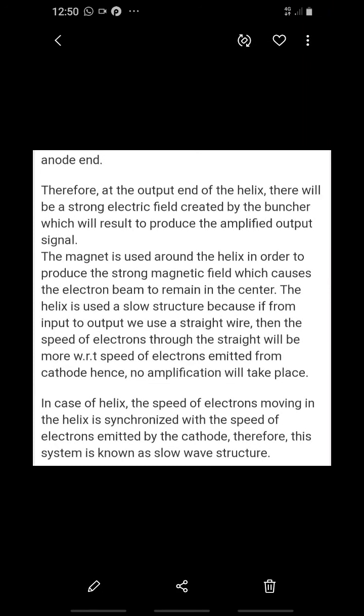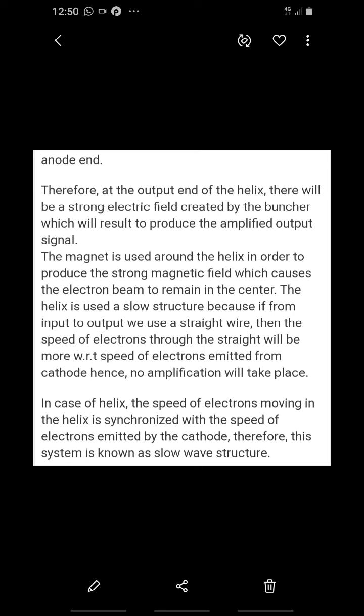The helix is used as a slow structure because if from input to output we use a straight wire, then the speed of electrons through the straight wire will be more with respect to the speed of electrons emitted from the cathode, hence no amplification will take place.